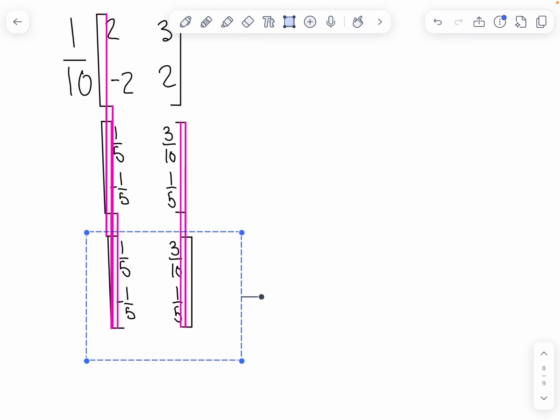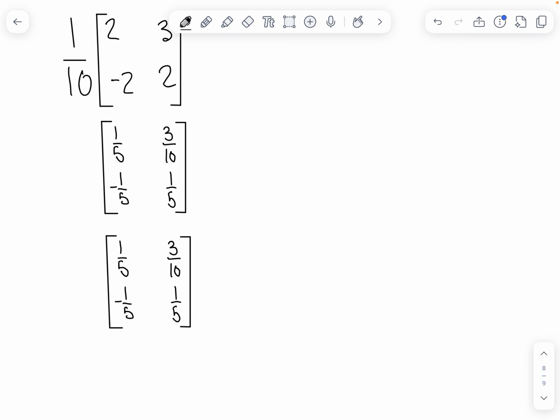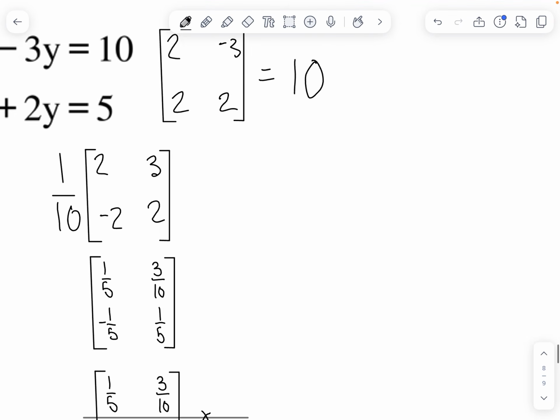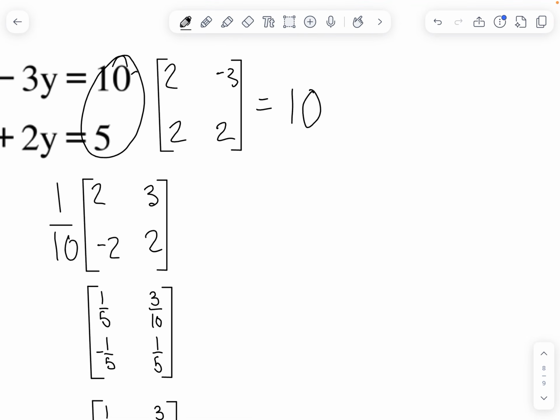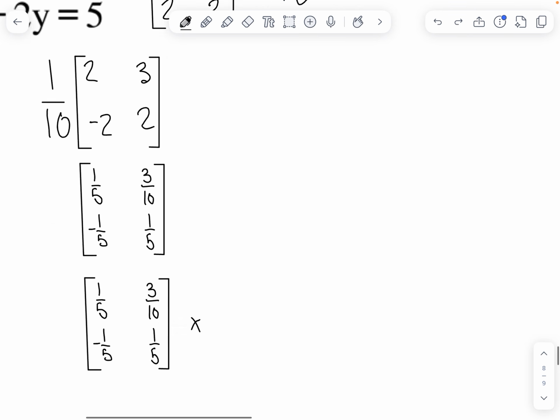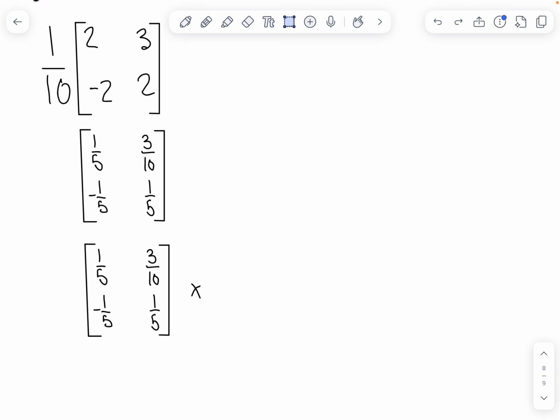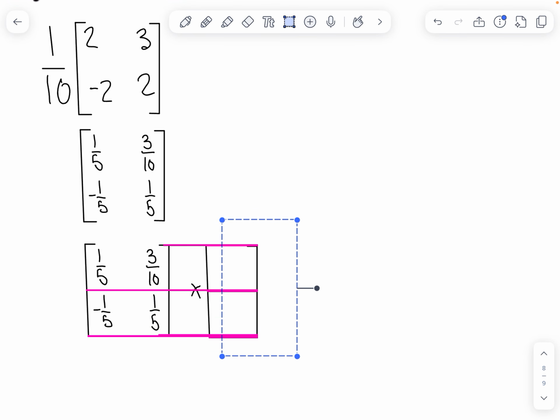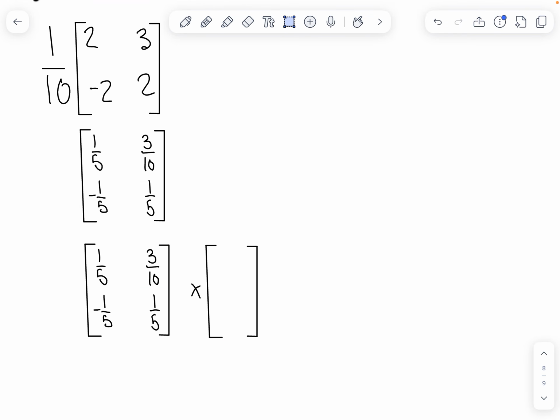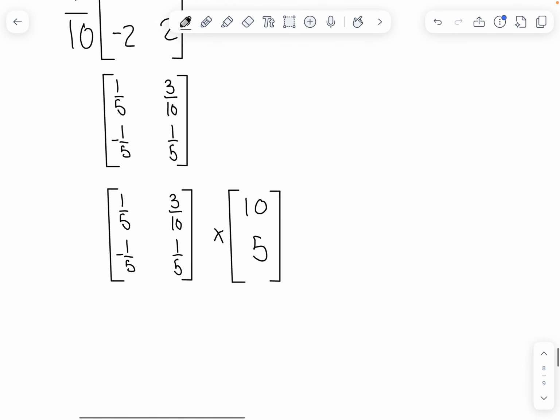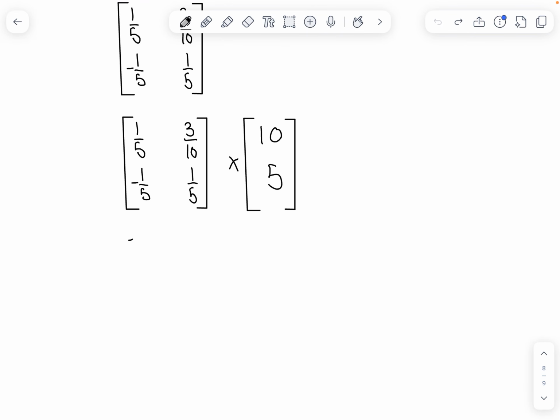So now we do have to multiply this by the values of 10 and 5. And we should get these values.